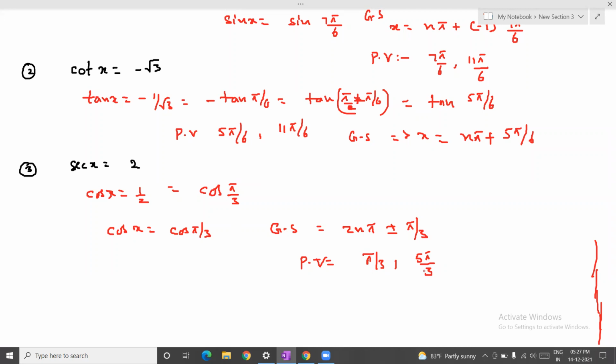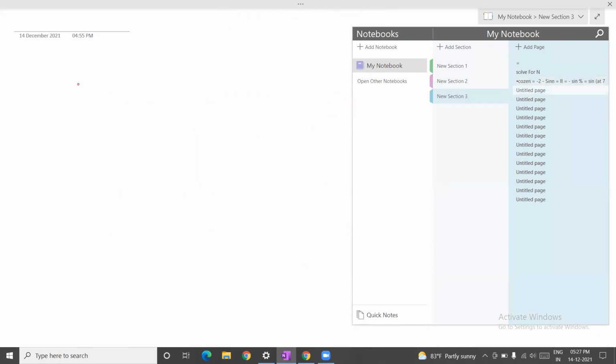Some more questions. Instead of saying some ratio is equal to something, this looks like a linear equation. How to proceed? Root 3 tan x. The strategy is the same: find the value of tan x.